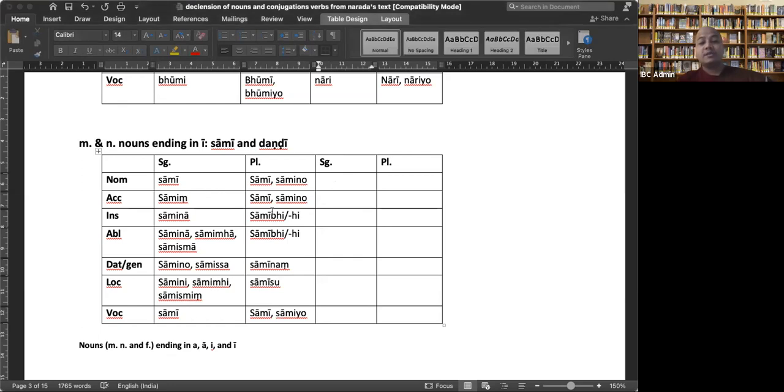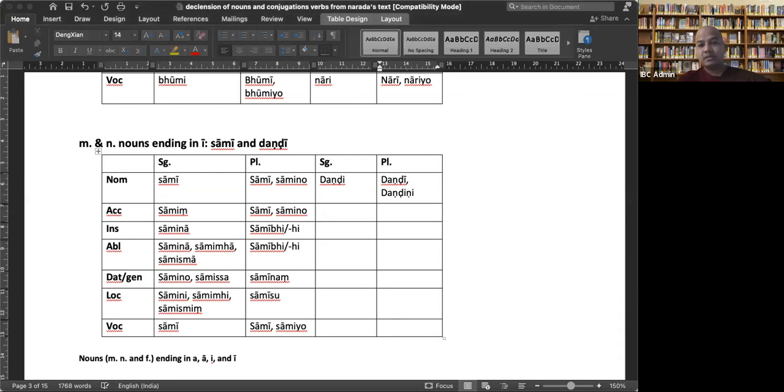Now, if you look at the declension of Dandi, Dandi, Dandi, Dandi.